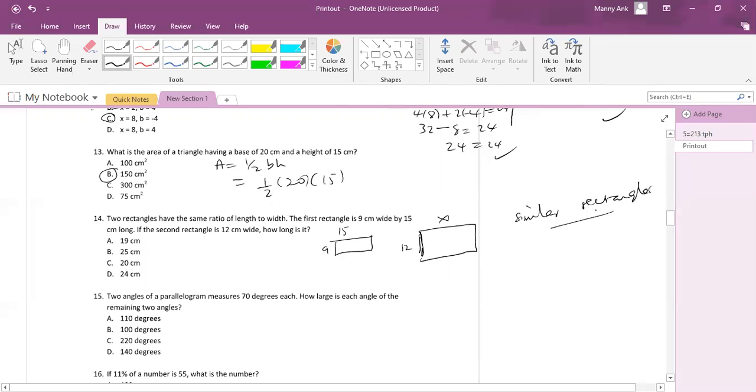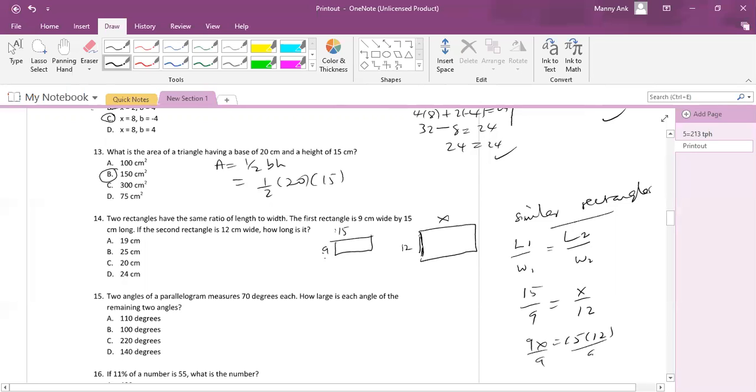So similar rectangles have the same ratio of length to width. In other words, I can set up a proportion. The ratio of the length to the width of the first rectangle should be the same as the ratio of the length to the width of the second one. So we can say 15 to 9 should be equal to x over 12. And I can do the cross product. 9x is equal to 15 times 12.